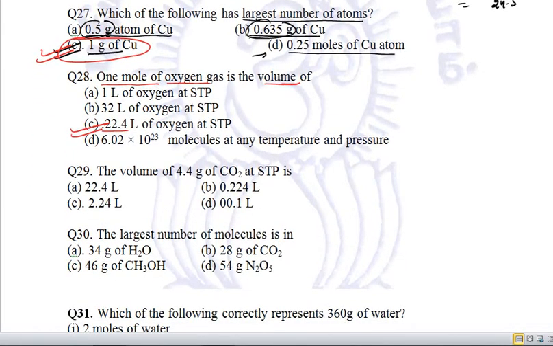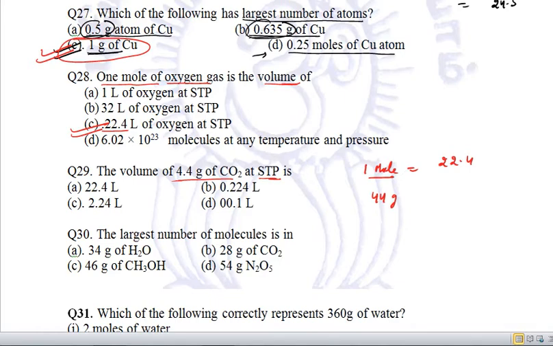Coming to the next question. The volume of 4.4 gram of carbon dioxide at STP is. Now we know that the volume of 1 mole is equal to 22.4 liters. Right? So 1 mole is equal to gram molecular mass, and for carbon dioxide we have already calculated so many times, it is 44 grams.